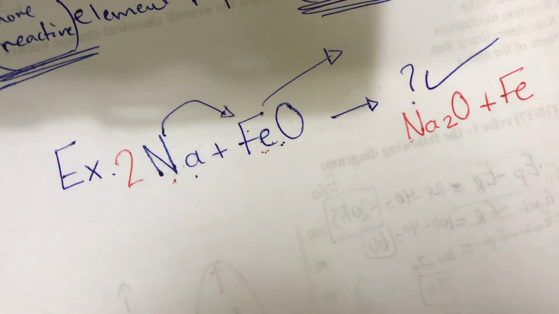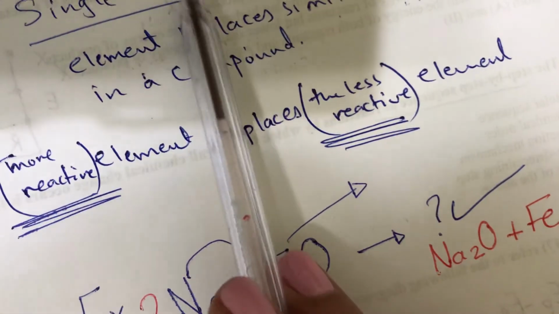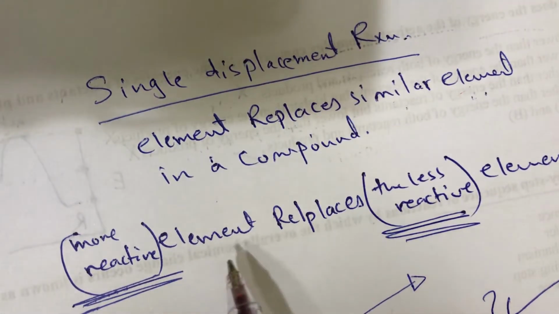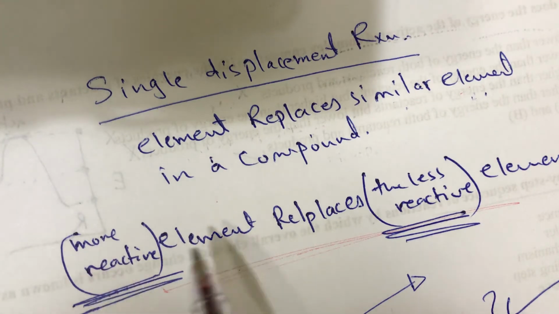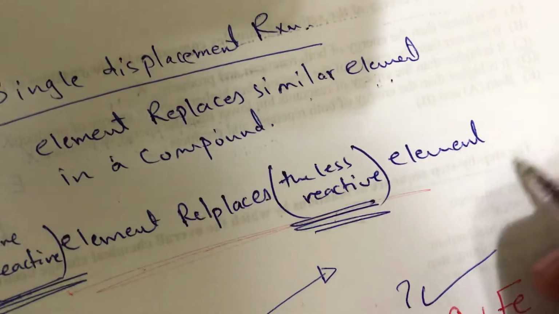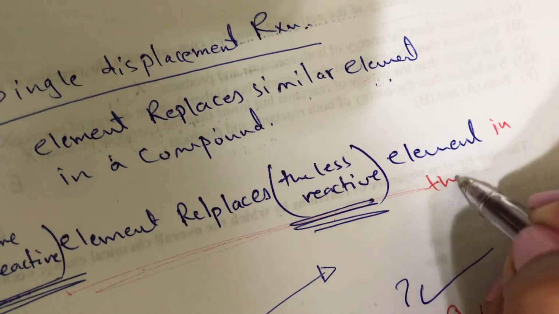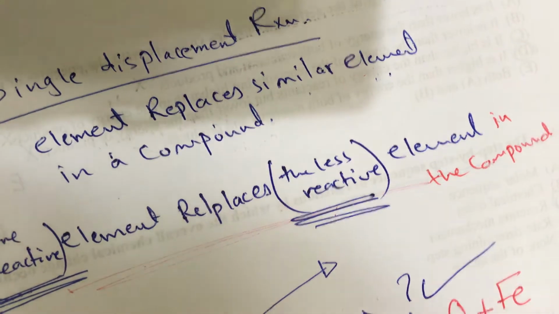But not all single displacement reactions occur, because single displacement reactions depend on the reactivity of metals. The rule is the more reactive element replaces the less reactive element in the compound, and not the reverse.